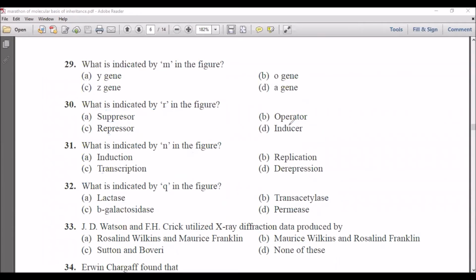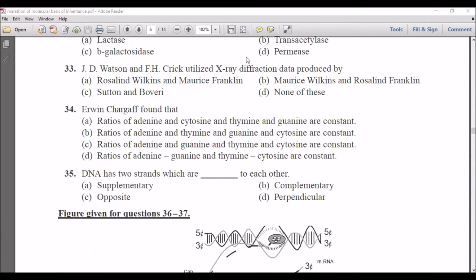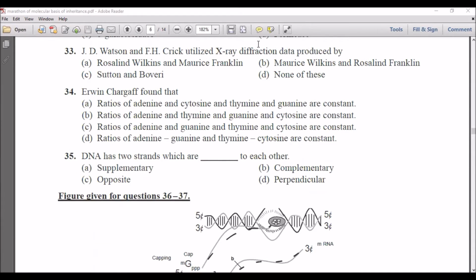Next question is, Erwin Chargaff found that the ratio of adenine and cytosine, thymine and guanine are constant. Second option is the ratio of adenine and thymine, guanine and cytosine are constant.